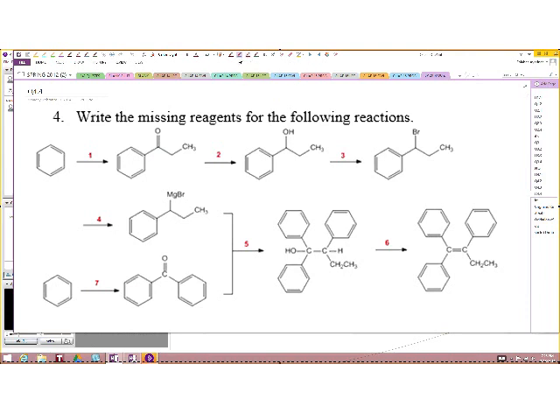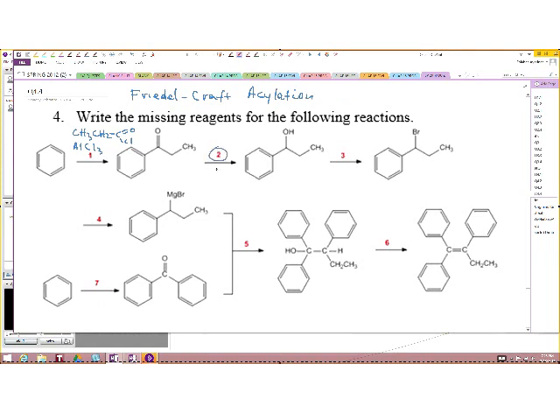What kind of reaction is it? Acylation. Friedel-Crafts acylation.